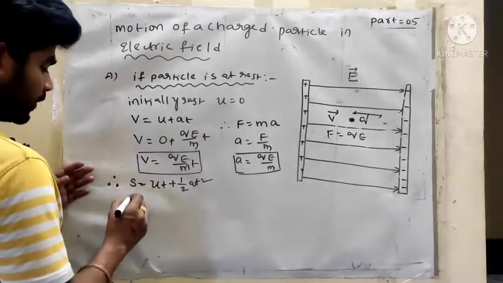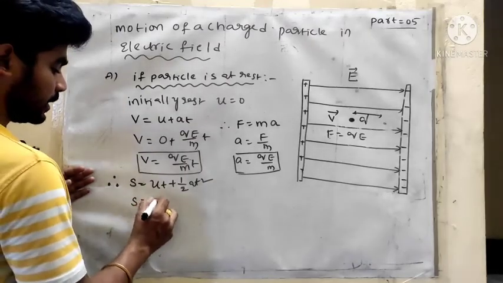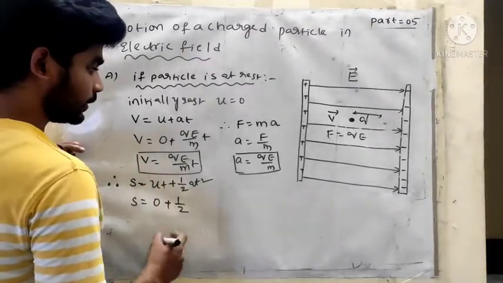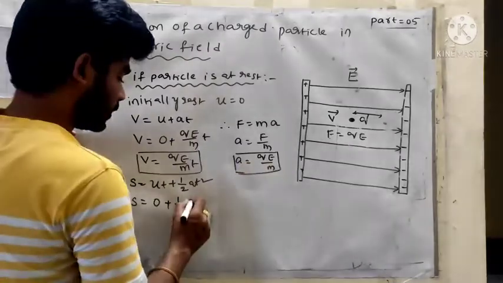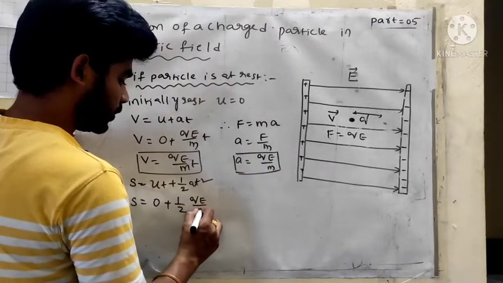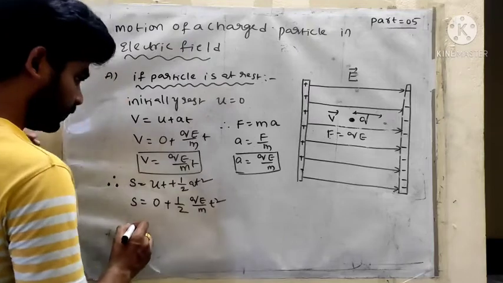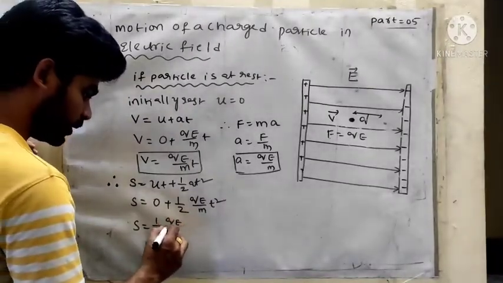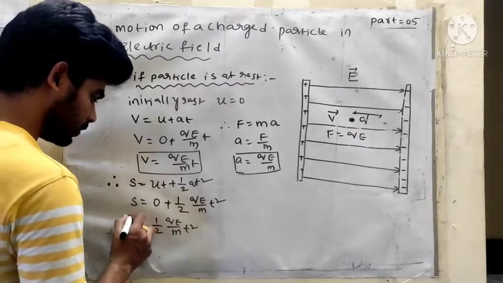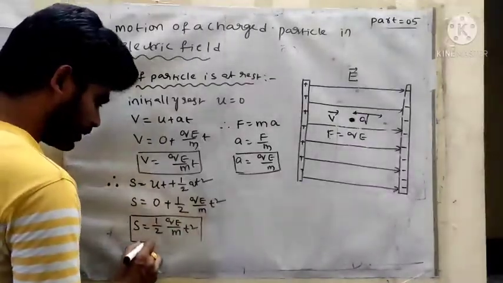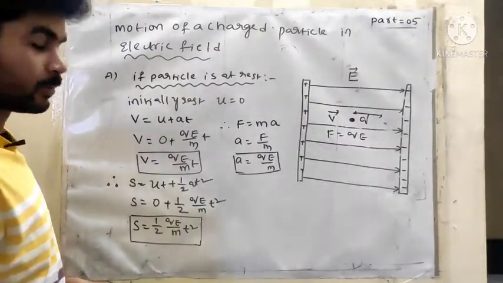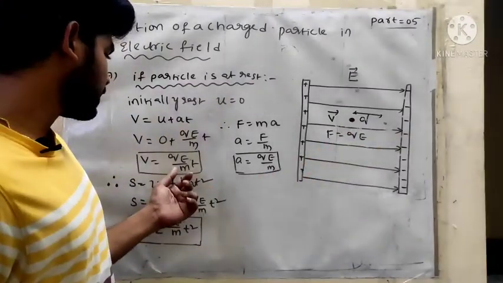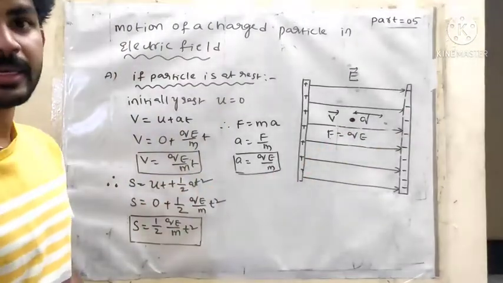With initial velocity u equal to 0, and a equal to QE by m, finally S is equal to half into QE by m into t square. This much displacement the charged particle undergoes, and the velocity gained is v is equal to QE by m into t.